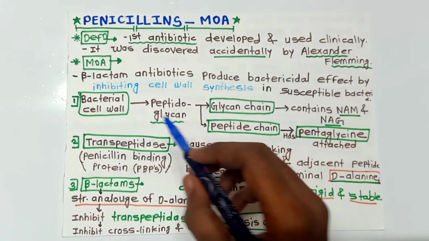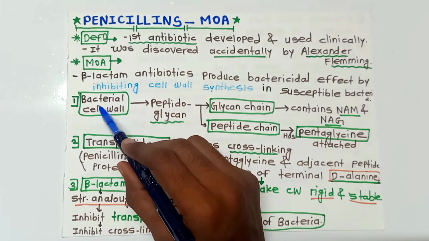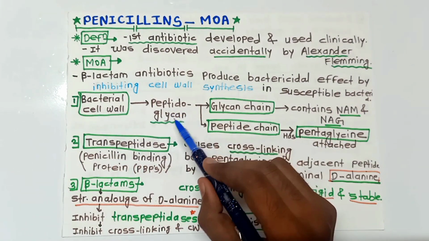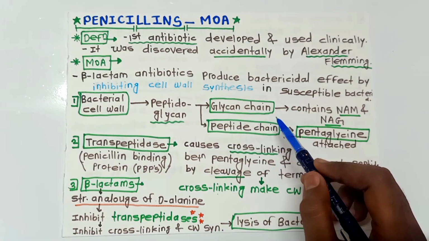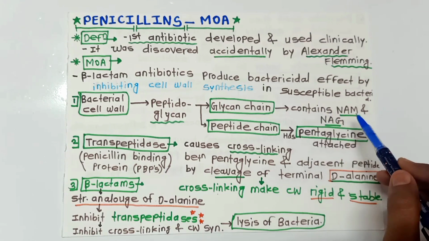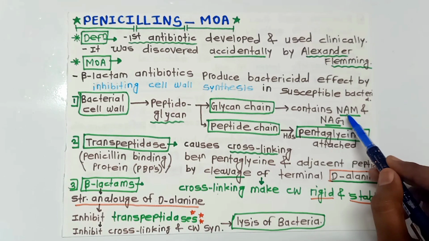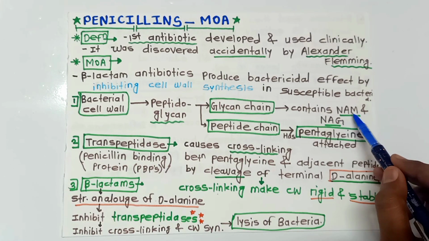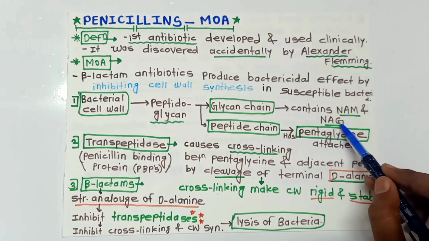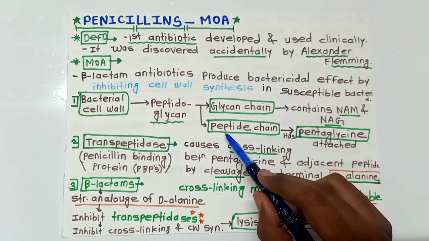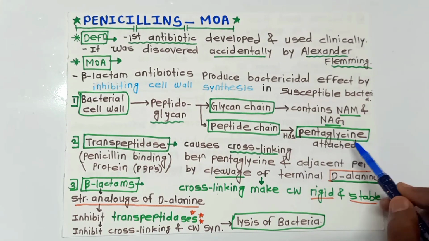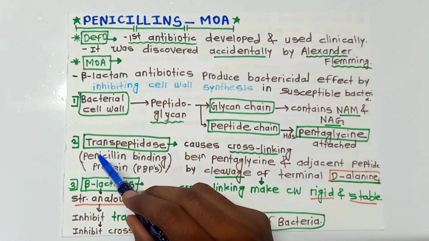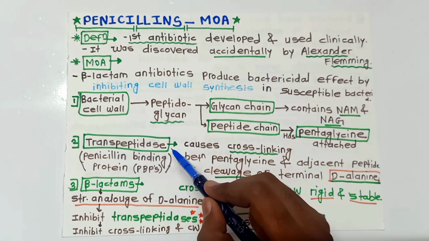The steps involved are as follows. The bacterial cell wall contains peptidoglycan, which contains a glycan chain and a peptide chain. In the glycan chain we have NAM and NAG, meaning N-acetyl muramic acid and N-acetyl glucosamine. And the peptide chain has pentaglycine attached to it. The next point is transpeptidases.